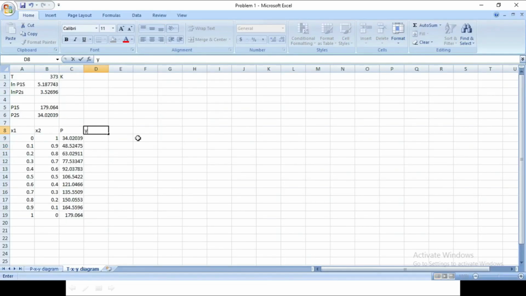Y1, Y2. Y1 equal to P1s into x1 divided by total pressure.